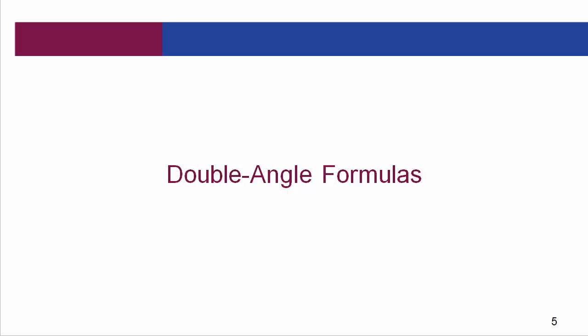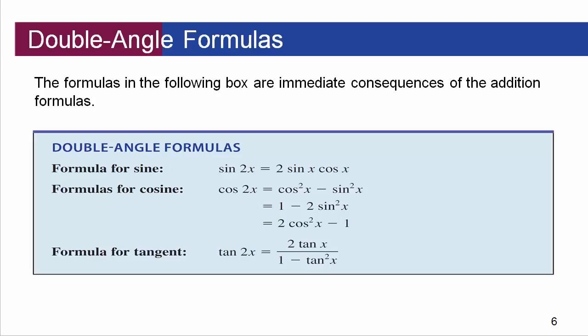Okay, so let's look at the double angle formulas really quickly. There they are, right? It's the idea that if we're trying to evaluate, let's say we know some of these special angles, right? We know what they are. For instance, we know what sine of 30 equals.